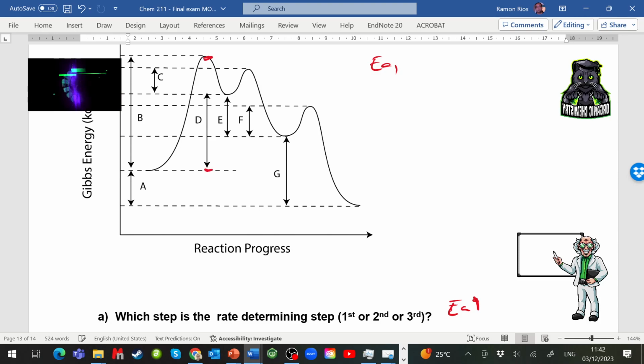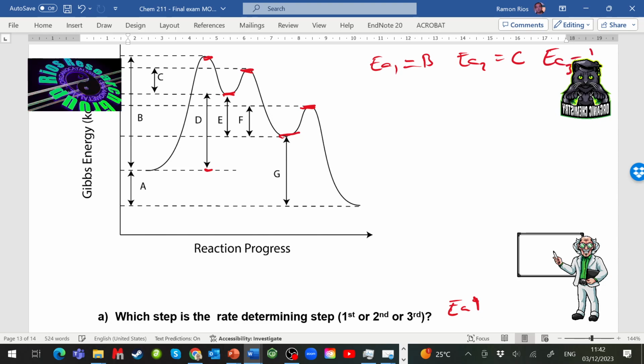That means that it is B. The activation energy of the second step will be from here to here, basically C. And the activation energy of the third step will be from here to here, basically F. Which is bigger? B. That means that it will be the first reaction.